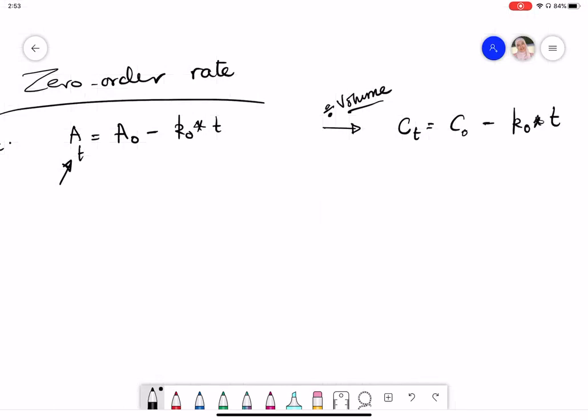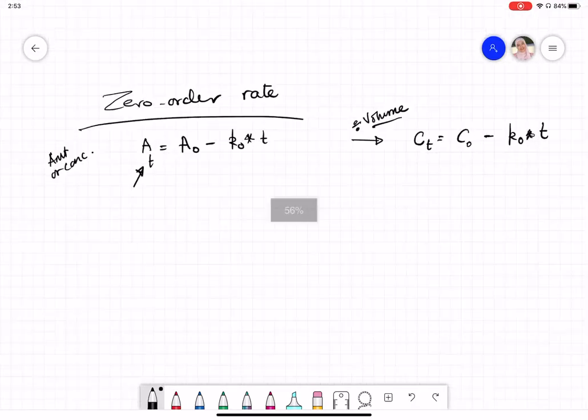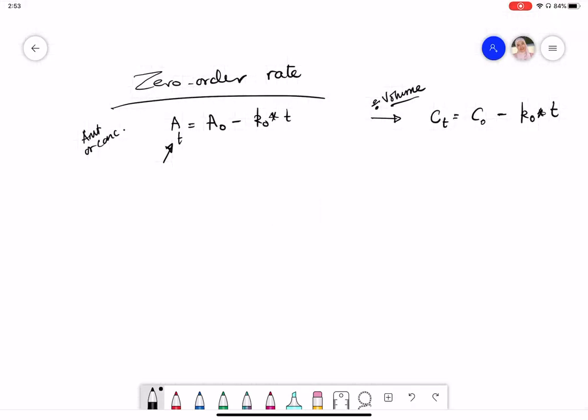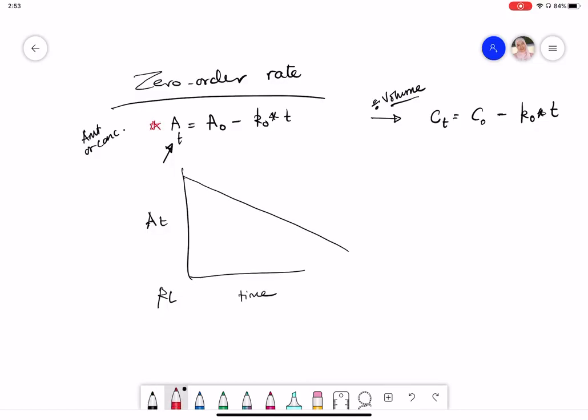And when we draw that profile, it was a rectilinear profile, we had amount at a certain time versus time, and it was linear because we have a linear equation here, and this is our slope.